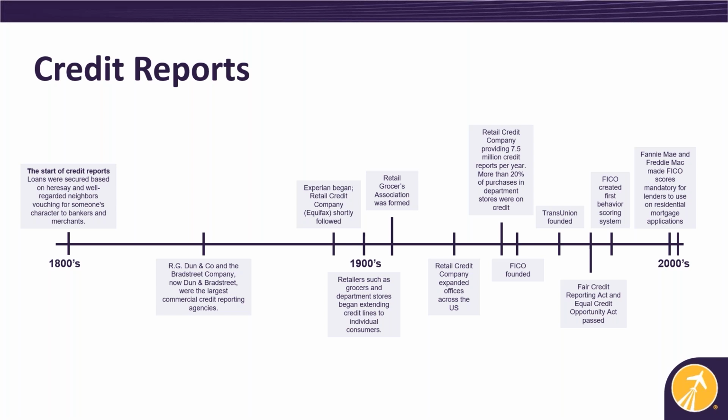If you think back, going into the mid-1800s, there's always been risk involved in any kind of financial transaction. But when we think about the history of credit reporting itself and how we arrive at where we are now, back in the good old days in the 1800s, we have to think about lending decisions basically based on hearsay and vouching for someone. You would say this person has good character. We believe this person.